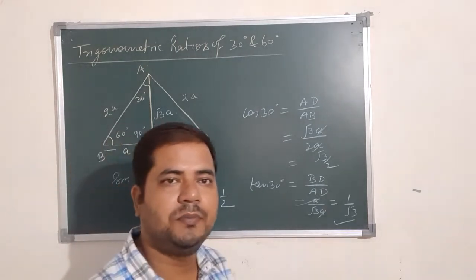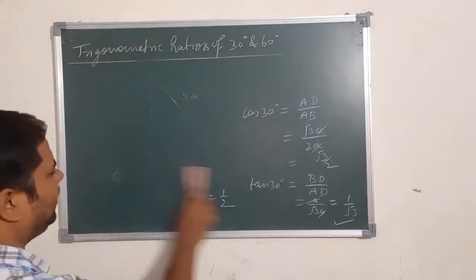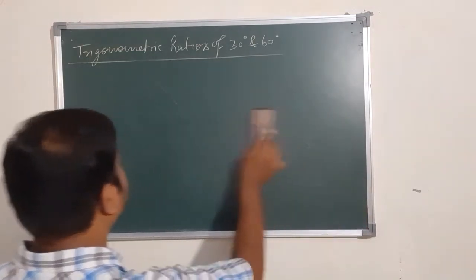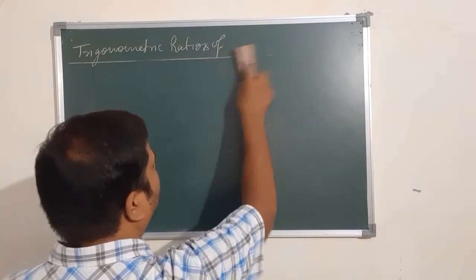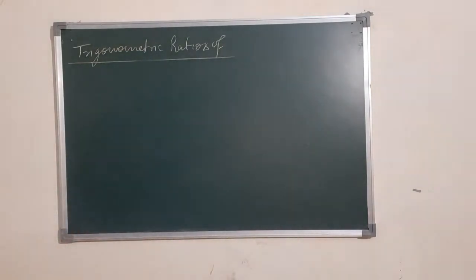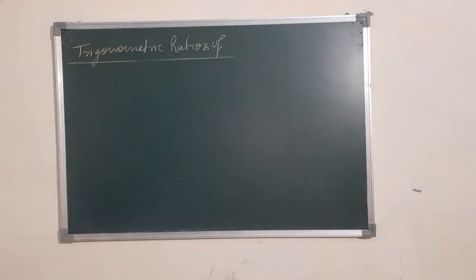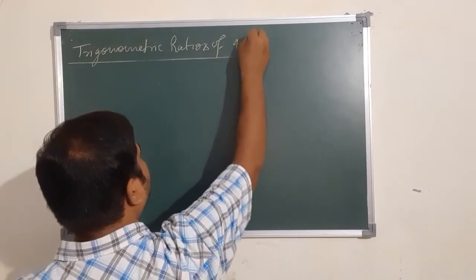Okay, I hope you have completed this. Now we are going to discuss trigonometric ratios of 45 degree. For 45 degree, this is very easy.